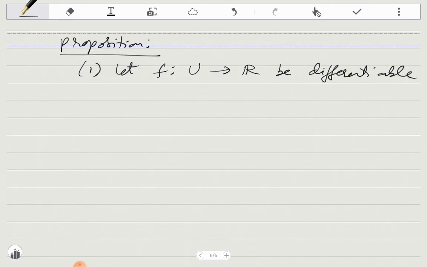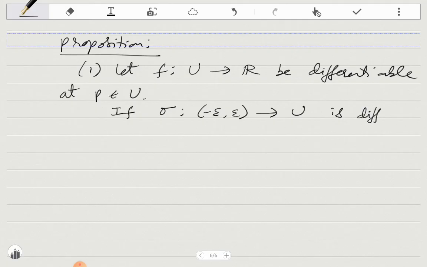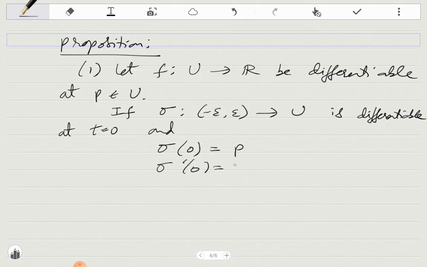When I just say differentiable, I mean differentiable in our multivariable sense, differentiable at P in U. If sigma from minus epsilon to epsilon into U is differentiable at t equals 0, and sigma 0 is equal to P, sigma prime 0 is equal to v, some direction in R^n.